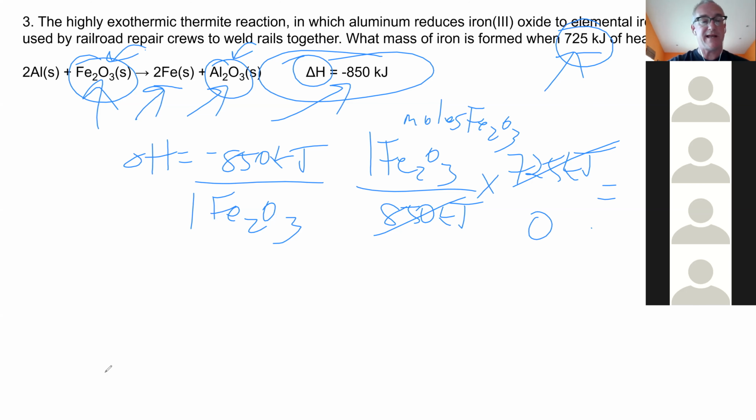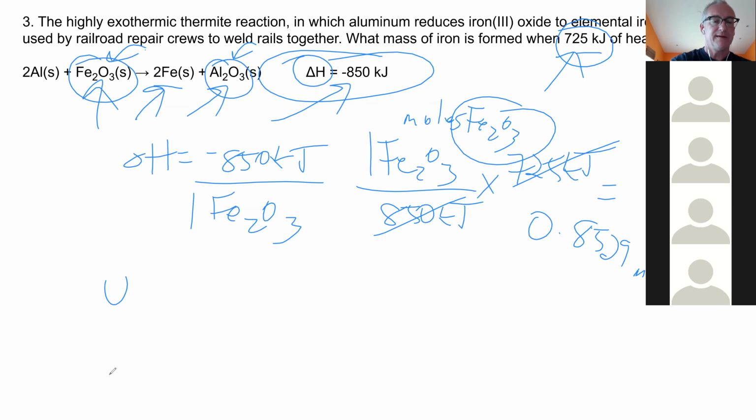And anyway, we can't have negative moles of anything. So 0.8529 moles of Fe2O3. So now we just go back to the balanced equation.